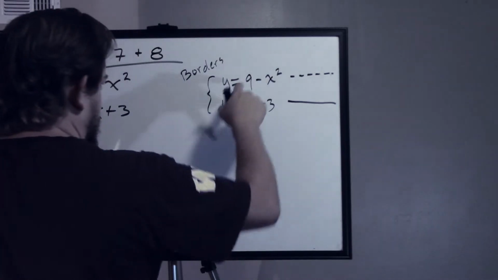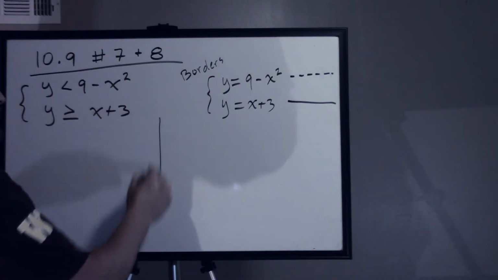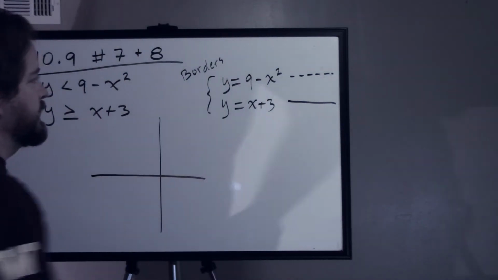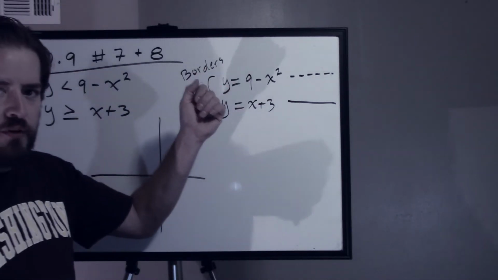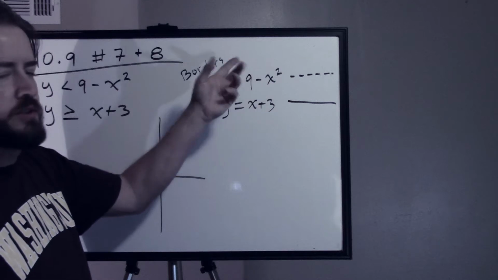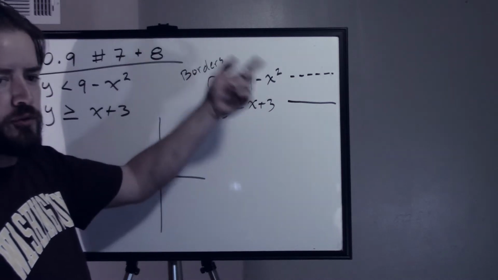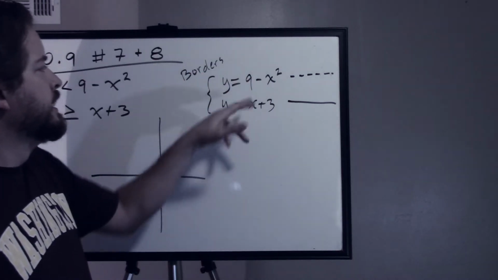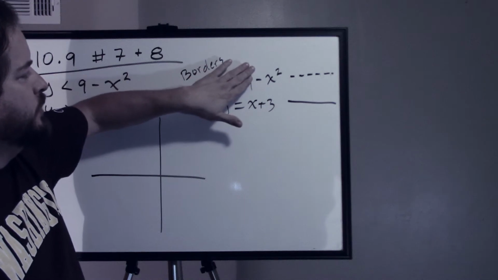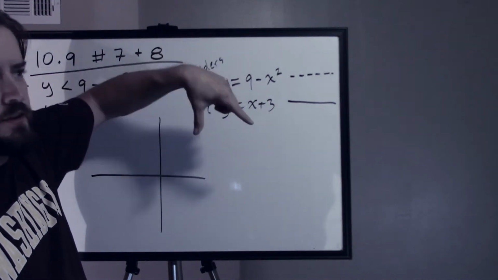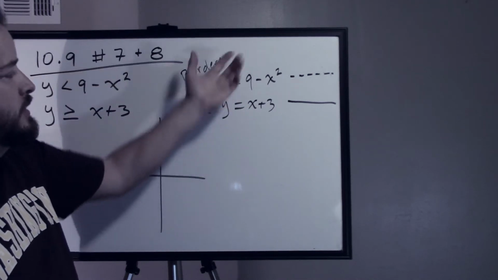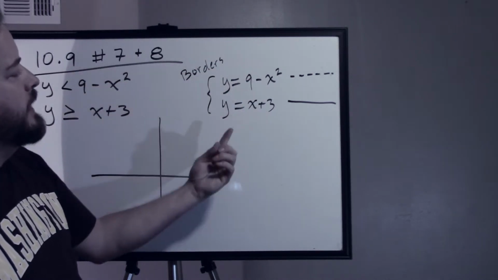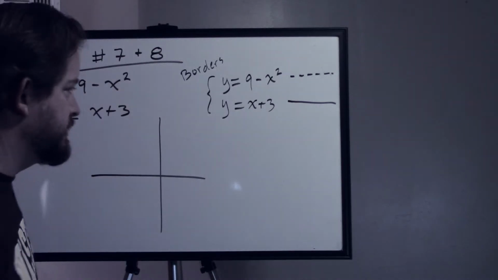So let's start and find the border of the first one. It's 9 minus x squared, and there's many ways of doing this. You can find some points. You can plug in x equals -1, 1, -2, 2, just a bunch of points. But note that if it's a negative x squared, that means it's just going to be a parabola that's been rotated upside down, and the 9 is just going to shift it up by 9 units, right?